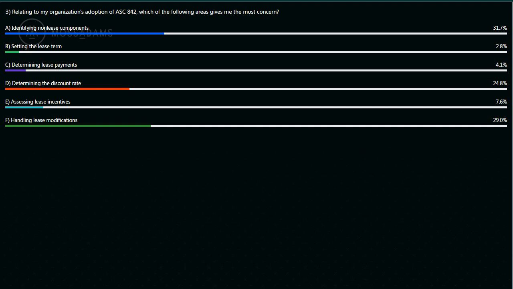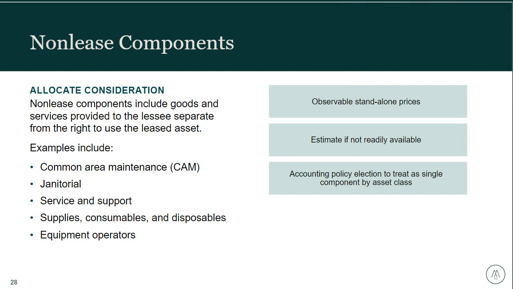I apologize. All right, so non-lease components. So you have an office lease. Some examples of a non-lease component would be common area maintenance, janitorial services. A non-lease component is a good or service that is separate from the right to use the leased asset. The leased asset will be the office space, which you receive the benefit of, and direct when your folks are working or not working, or when they're accessing things of that nature; that certainly would be a lease asset.